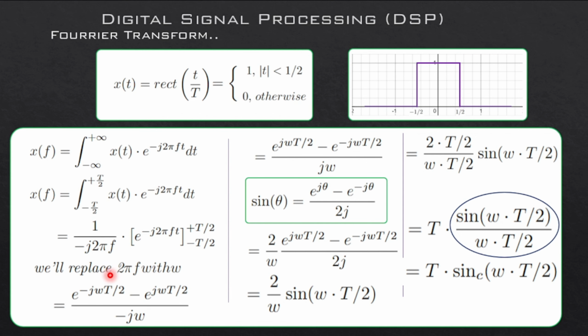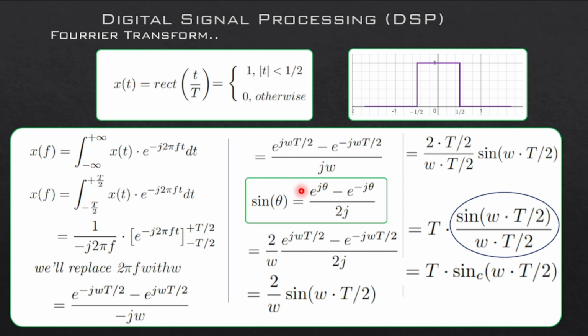We replace right now, for simplicity, 2 pi f with omega. So you get e^(-j omega T over 2) minus e^(j omega T over 2), divided by minus j omega. Now we multiply both of them by minus, so you get e^(j omega T over 2) minus e^(-j omega T over 2), divided by j omega.